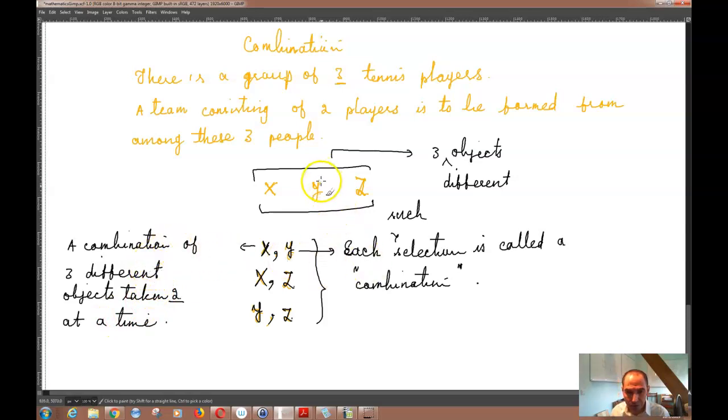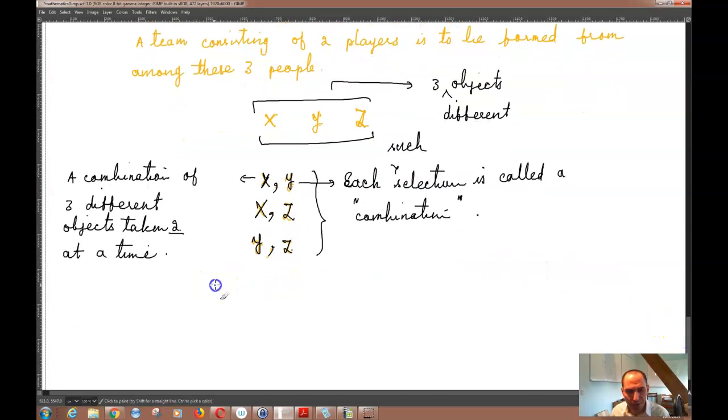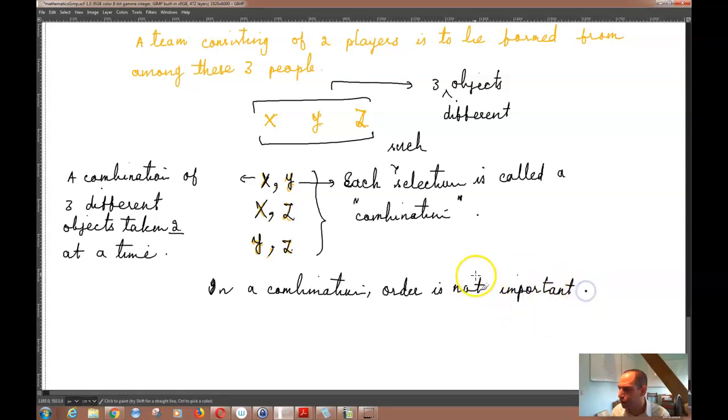And of course, as we mentioned before, in a combination, order is not important. Order is not important.